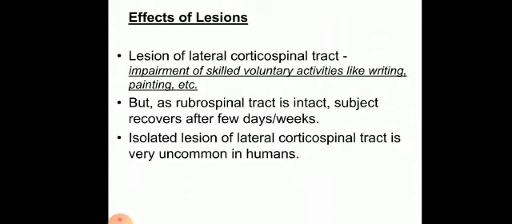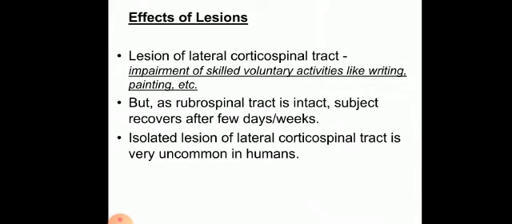So when there is a lesion of the lateral corticospinal tract, obviously there would be a defect with the skilled voluntary activities. It can be anything, painting, writing, anything. But there is one more tract which you're going to study after this, called the rubrospinal tract.